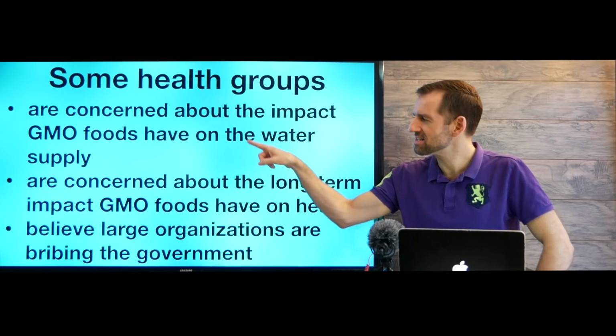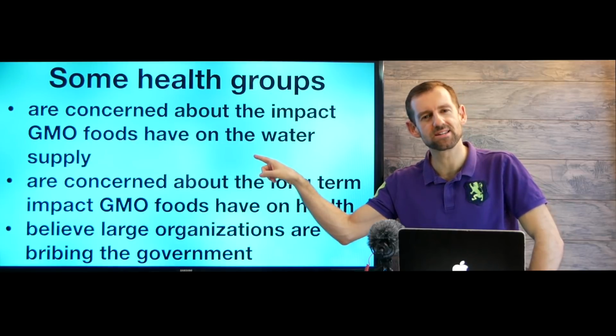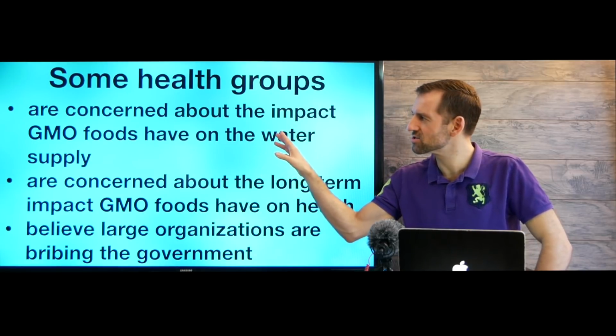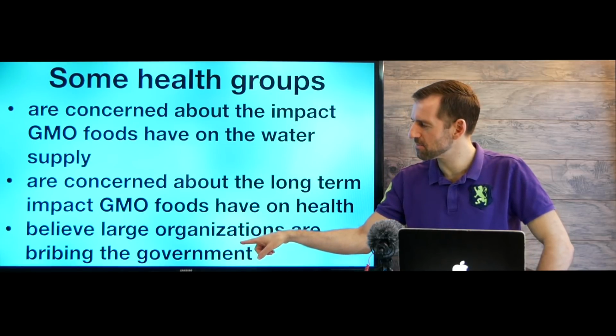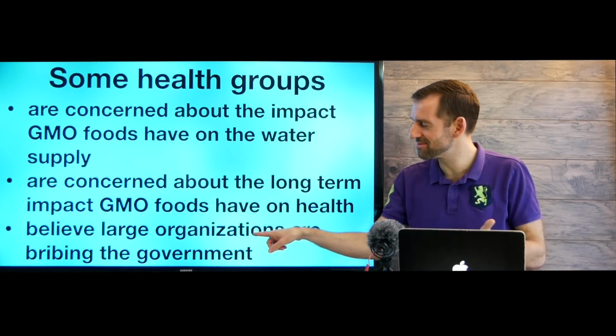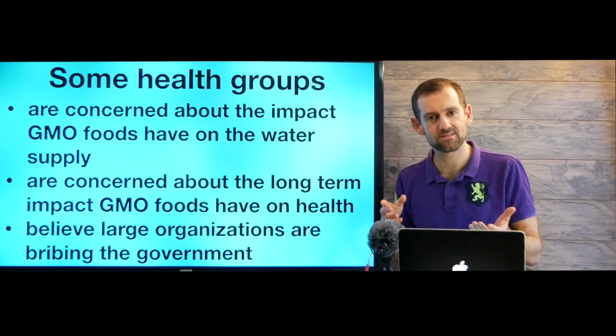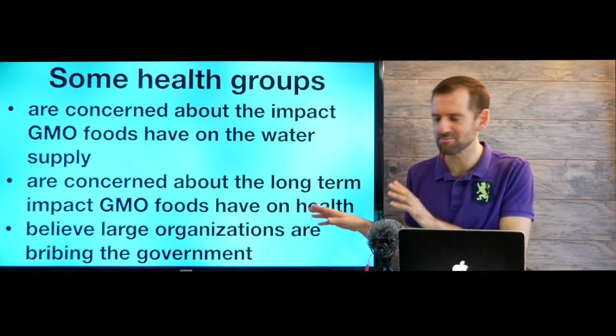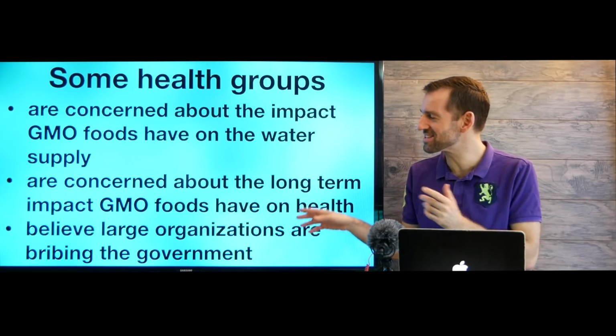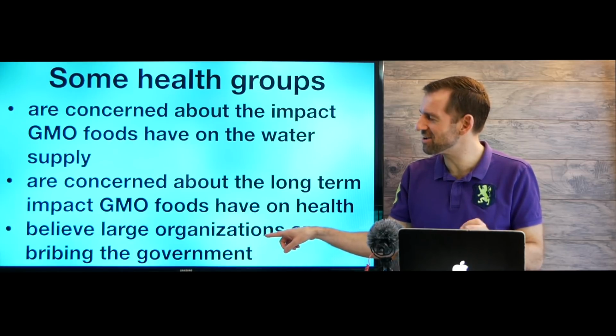Well, it didn't say anything about the water supply, did it? Didn't say that they were concerned about that. It didn't say that they think large organizations are bribing the government, although that might be happening. We don't know. But the article didn't say anything about that, okay?